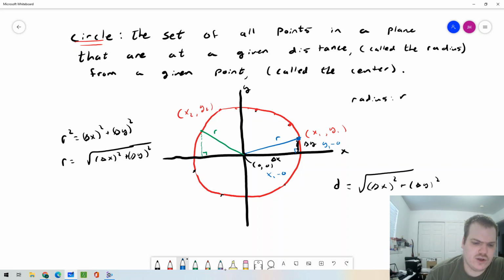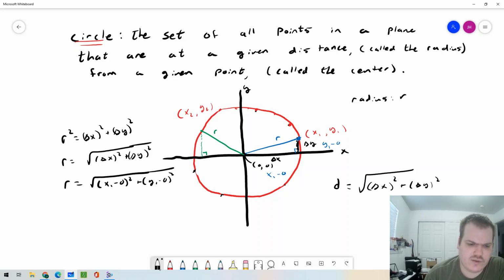So we would get r is equal to the square root of x1 minus 0 squared plus y1 minus 0 squared. And that is the same as saying r is equal to the square root of x1 squared plus y1 squared.